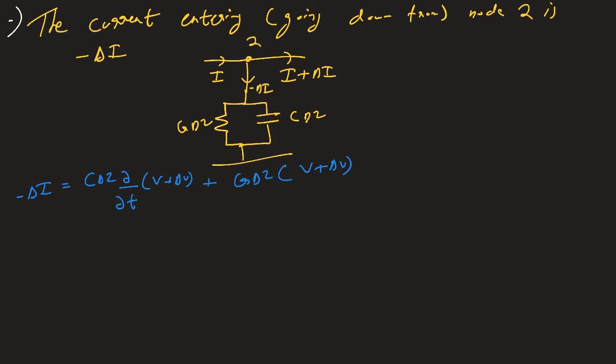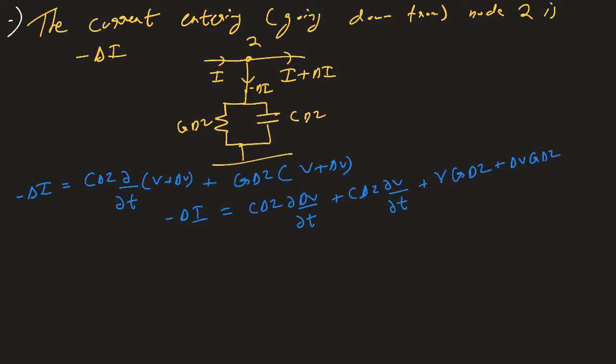So minus delta I becomes equal to C delta Z times partial delta V by partial T plus C delta Z times partial V by partial T plus V G delta Z plus delta V G delta Z, right?